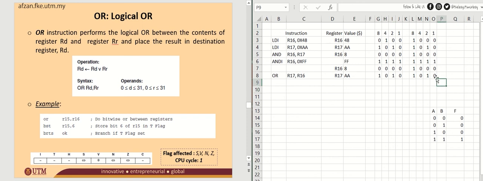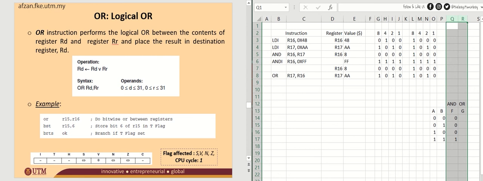Before we proceed to execute this instruction, we are going to see the truth table of logical OR. Previously we already did the AND, and now we get to see the output of logical OR.